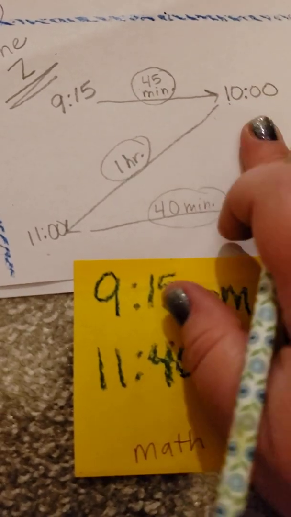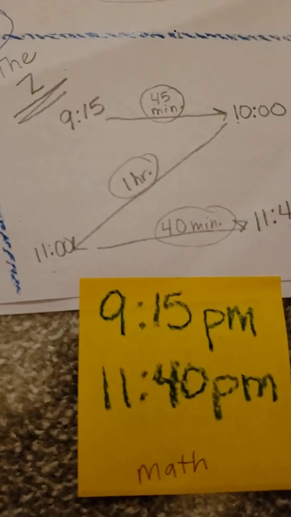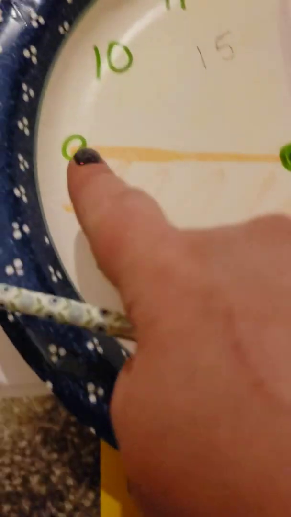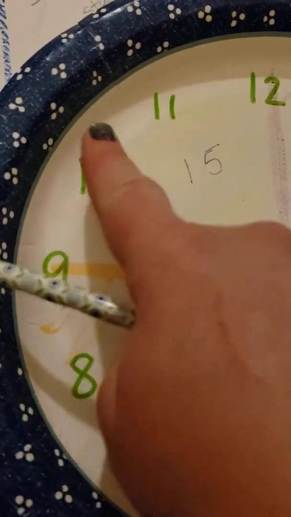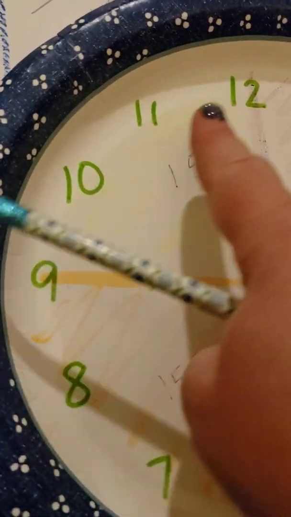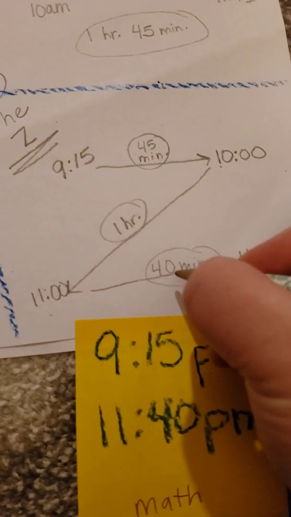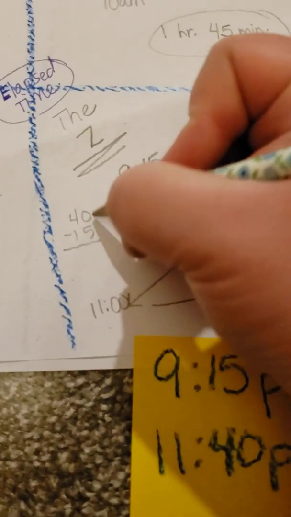So, I've got 45 minutes, and let's see, 45 is here, and then 50, 55, 60. So, 15 more minutes will make a whole hour. So, I'm going to take 15 minutes from this guy. Let's see, and I'll do my math over here just so you can see. 40 minus 15. Okay, I'm going to borrow from this guy here.